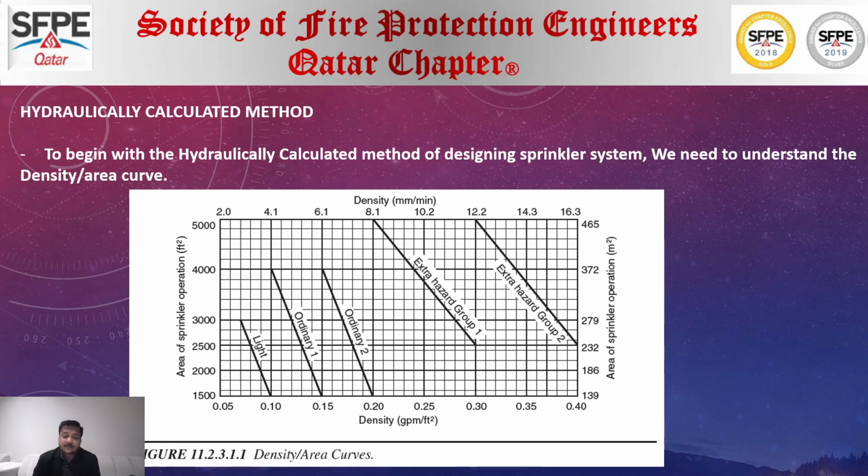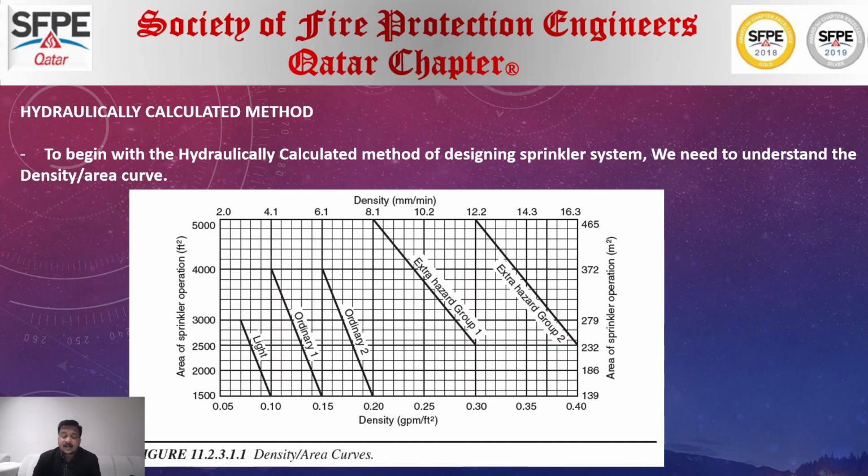So if you choose 1500 square feet as the area of sprinkler operation in ordinary hazard group 2, as an example, the water density corresponding to 1500 square feet is 0.20 GPM per square foot, which will be 300 GPM as your water demand. So there is quite a lot of difference between using the pipe schedule methodology and the hydraulically calculated methodology.